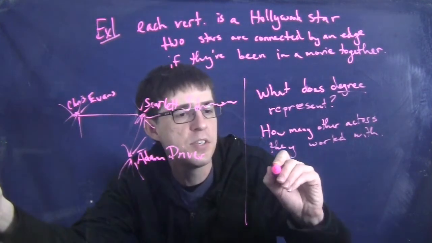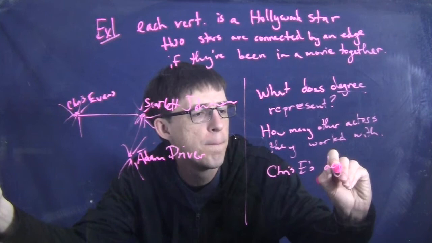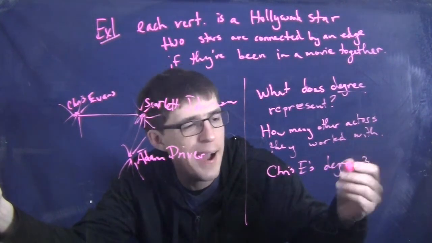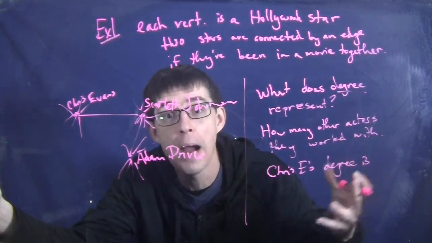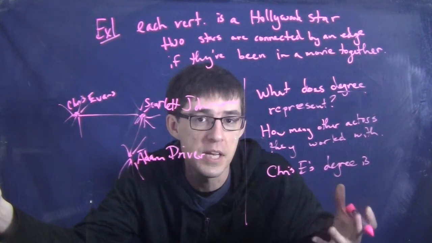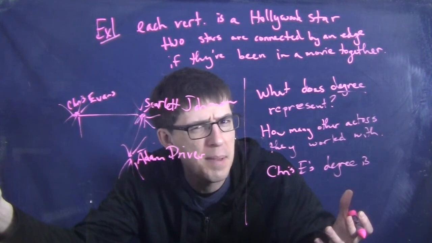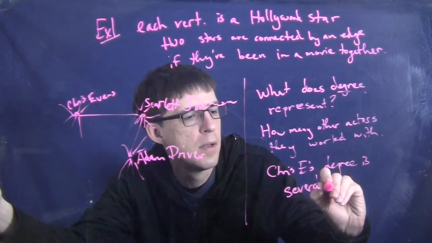So Chris Evans's degree is, can I just say, it's pretty high, right? It's not 3. It's something more like maybe 1,000. I don't know. You have to just think about how many other actors Chris Evans has ever been in the same movie with. It's a lot. Probably maybe not 1,000, but can I say several hundreds?